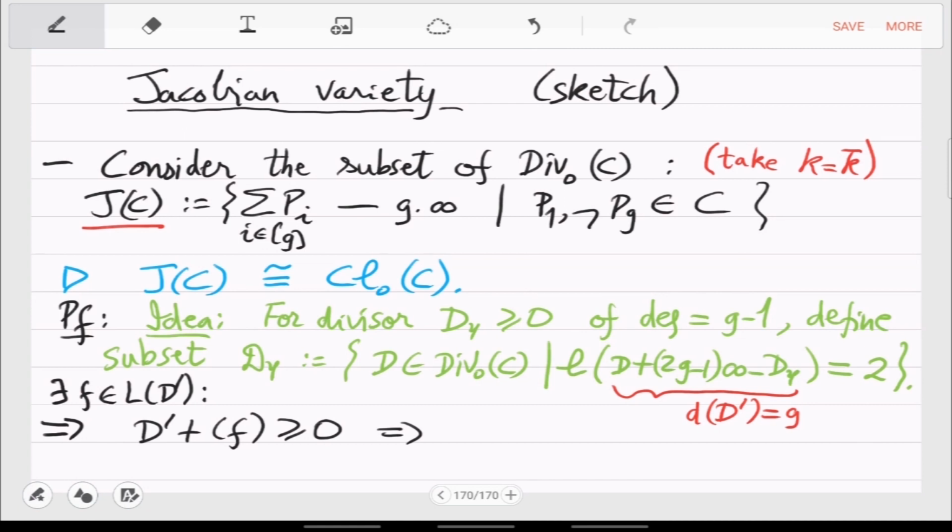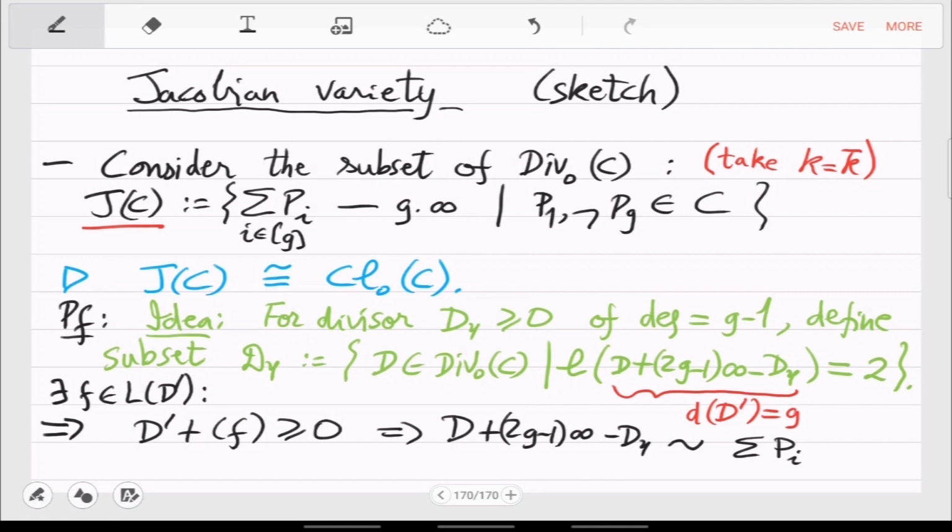D prime plus f is a sum of points. So you have basically rewritten d plus 2g minus 1 infinity minus d gamma as sigma pi.